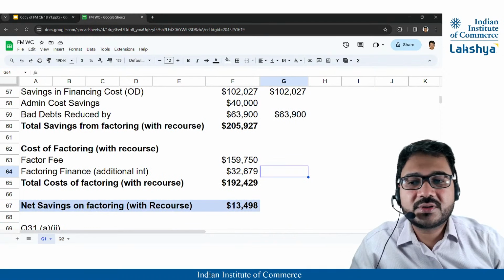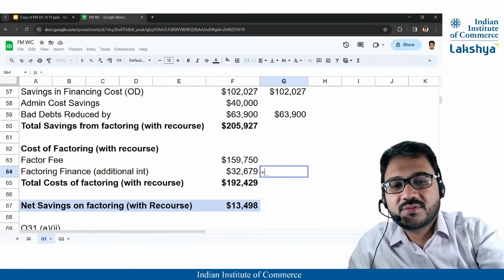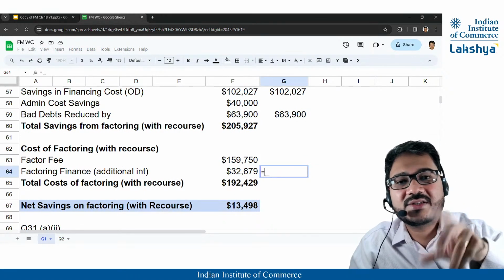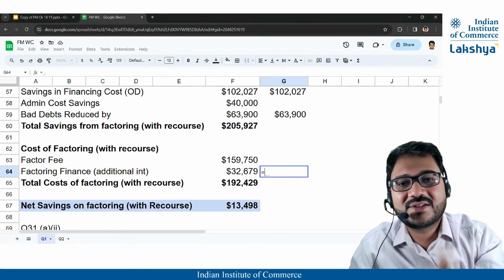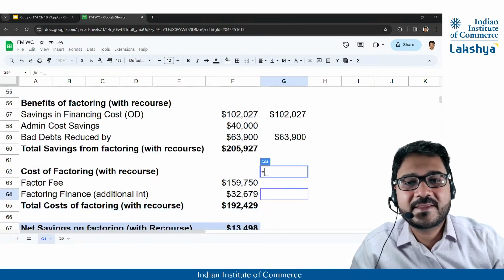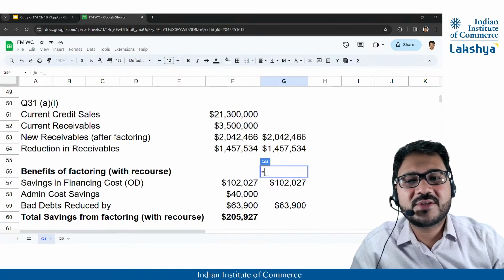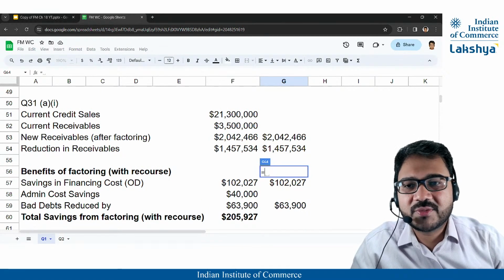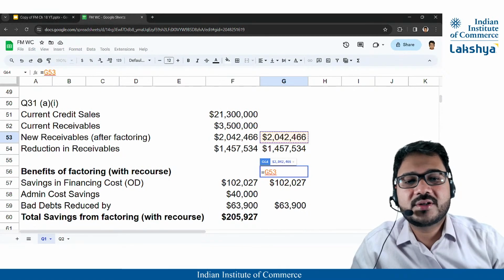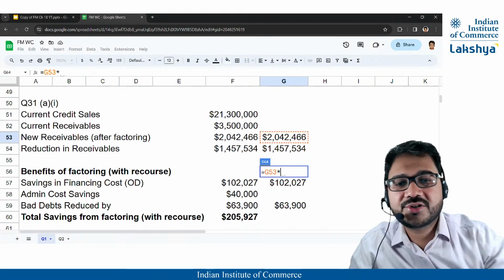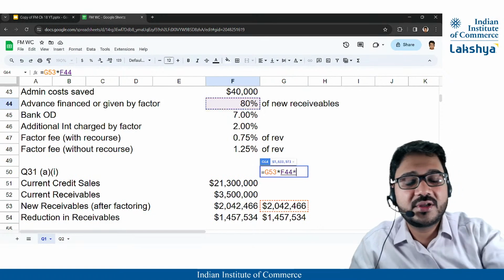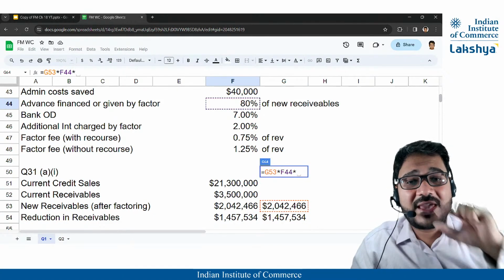Very simple. Remember, the financing is not on total sales, it is on the receivables, the amount that you are to receive not immediately but after a month or whatever it is. So my new receivables is $2.2 million, into 80%, because I'm not getting the entire thing as funding, into the extra interest.